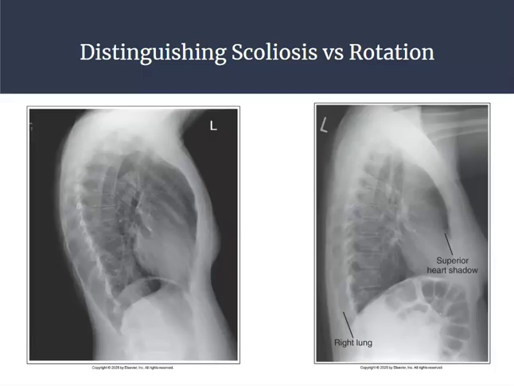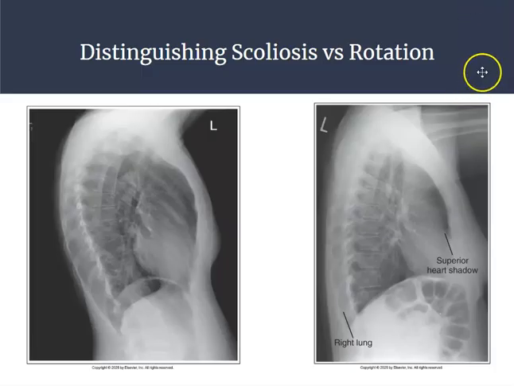So in the first projection, you would determine that this is scoliosis because of the differing degrees of rotation. Also, the anterior ribs will still appear superimposed. So this should let you know that we have scoliosis here. It's not rotation.